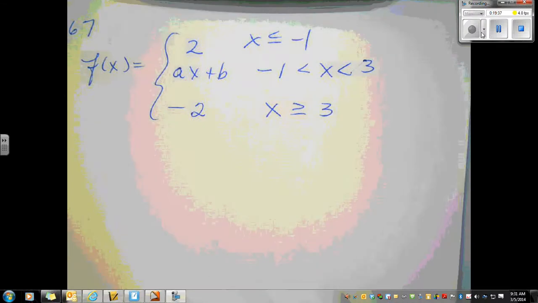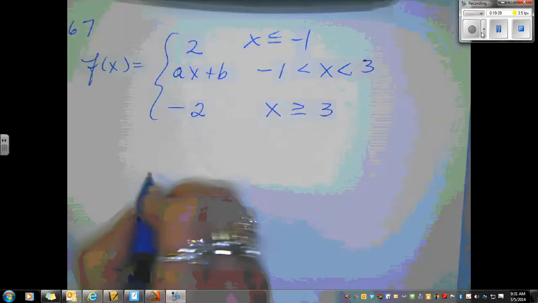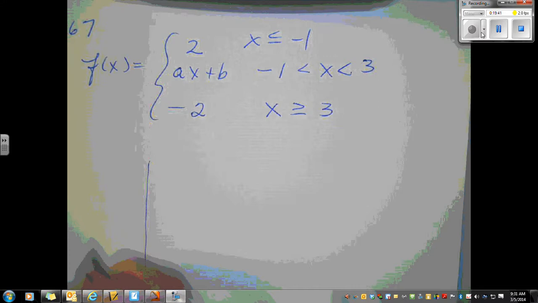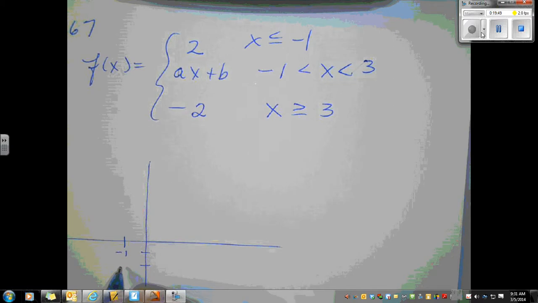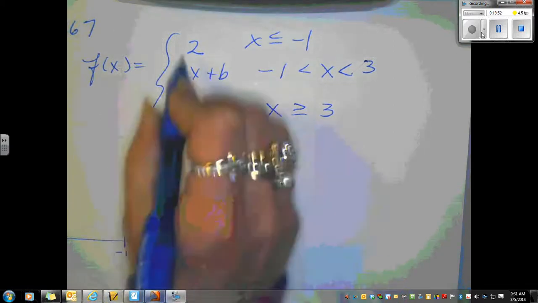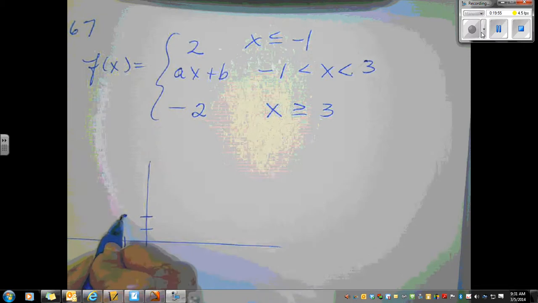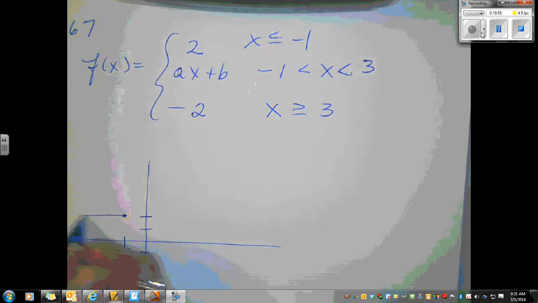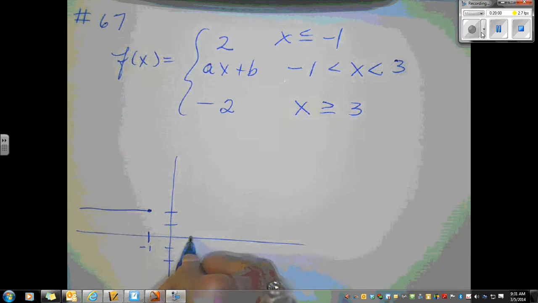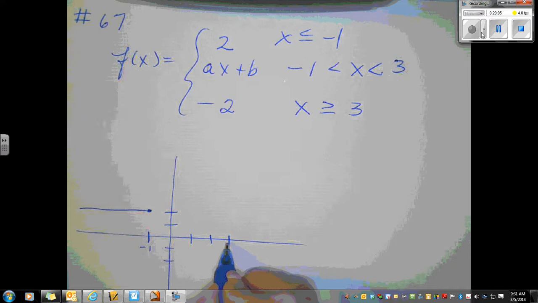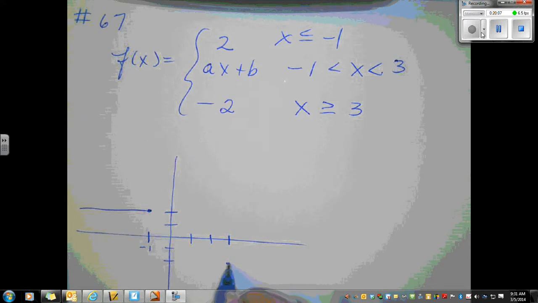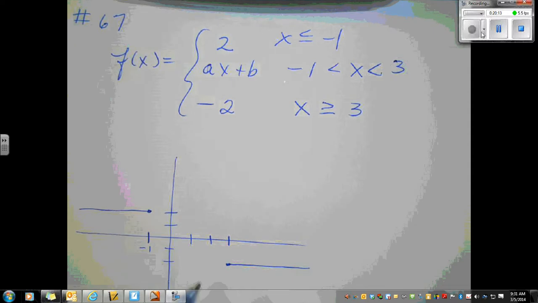So, in other words, what's happening here is, when we're over here at -1, we have 2, right? If I am over here at 1, 2, 3, over here at 3, I am at negative 2. So something has to go on in between here that will connect each other.